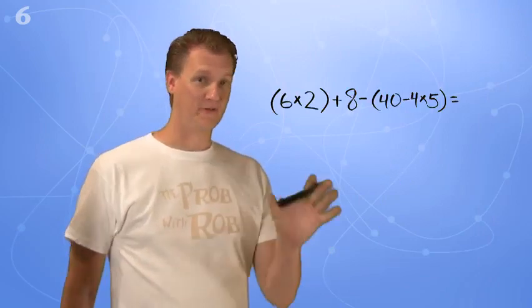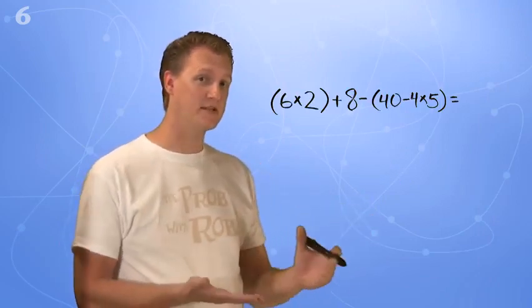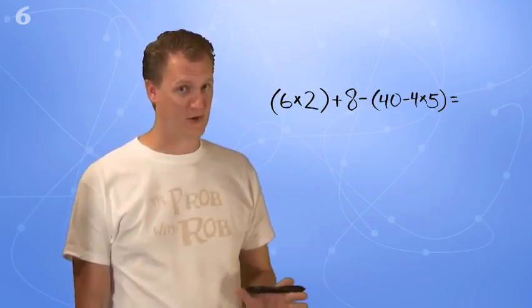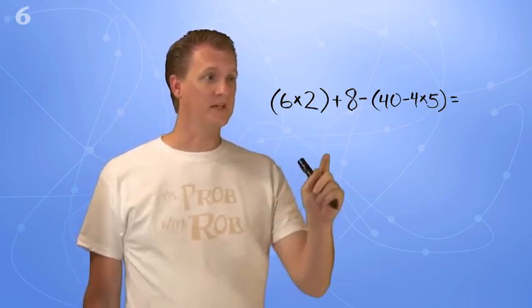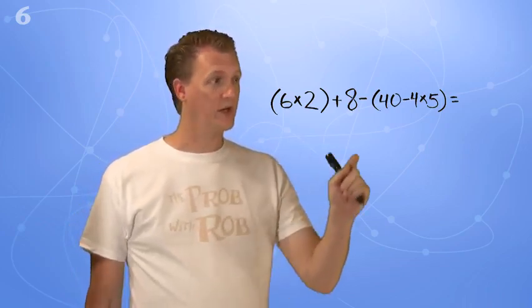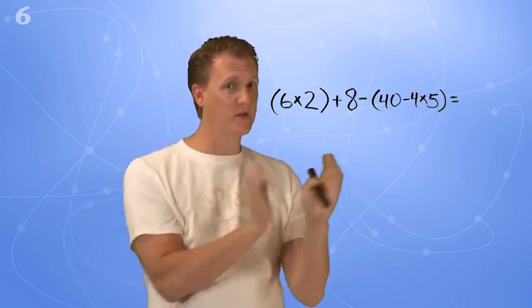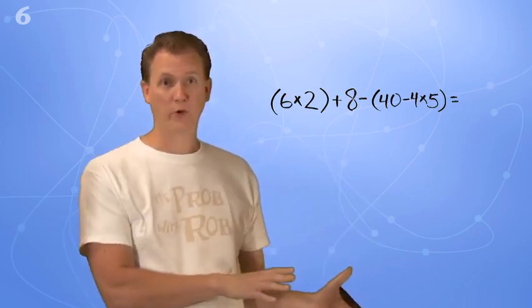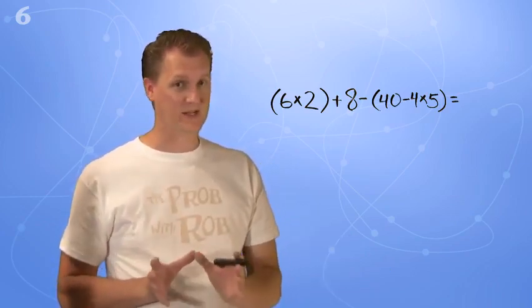All right, now we've got a really big problem this time, but don't be scared. As long as we take things step by step and keep organized, it's really not that hard. Okay, so we have the quantity of 6 times 2 plus 8 minus the quantity of 40 minus 4 times 5. Now we have two sets of parentheses this time, and we know from our order of operations rules that we are supposed to do whatever's in the parentheses or brackets first.